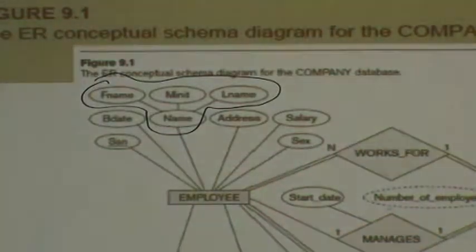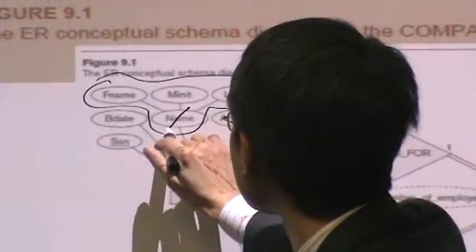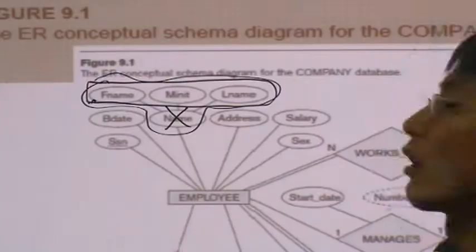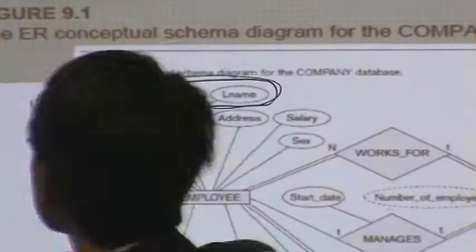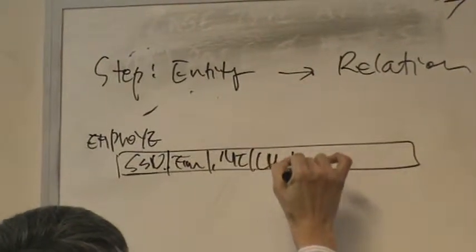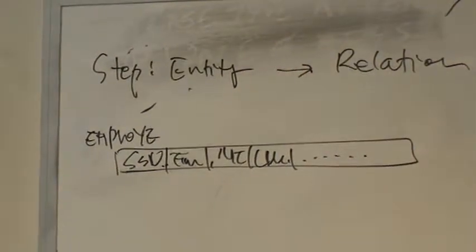So we are not going to use the composite attribute itself. In the case of a composite attribute, only the components become attributes, such as first name, middle initial, and last name. And also we can convert department.